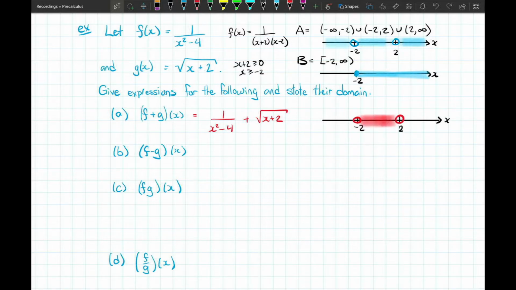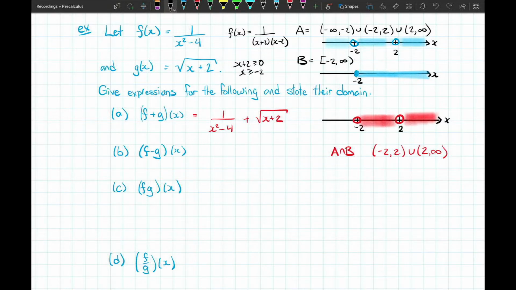Finally, we see that the interval from 2 to infinity is included in both of these domains. And so we'll include the interval from 2 to infinity as well. Now, this would be indicated as the intersection of A and B. And if we wanted to give that in interval notation, we would have negative 2 to 2, not including the endpoints, and 2 to infinity.